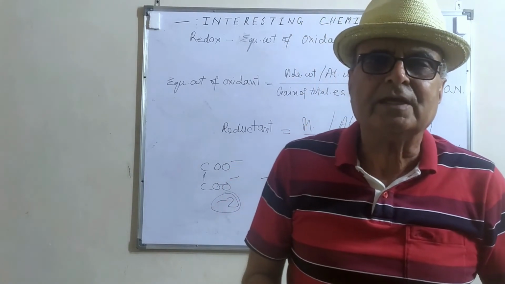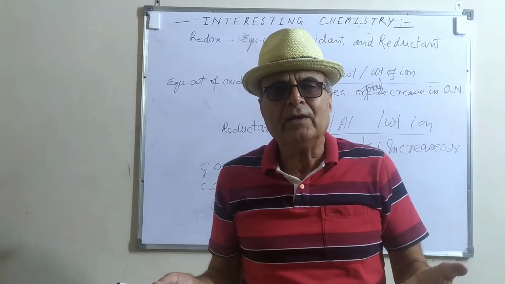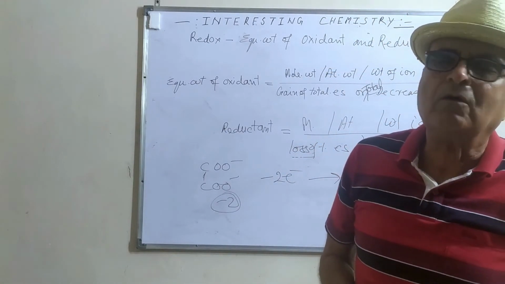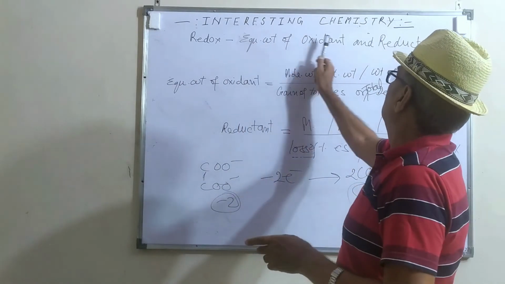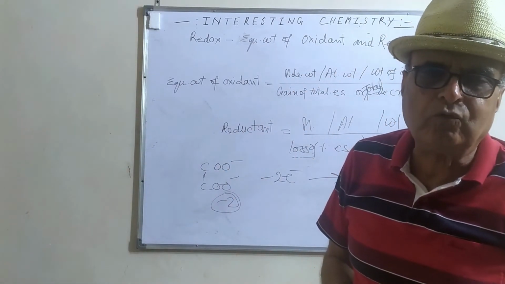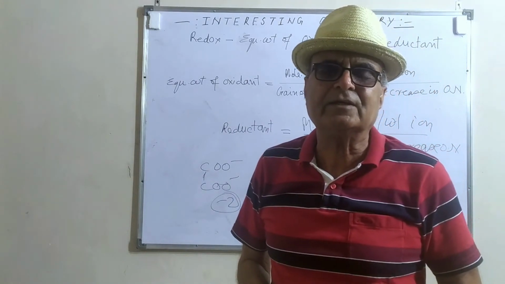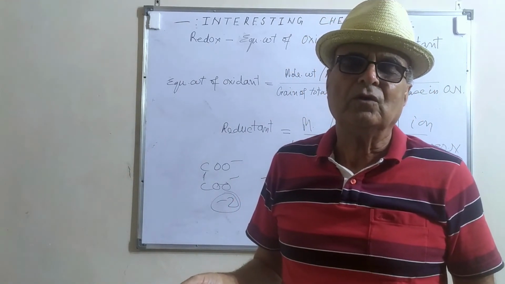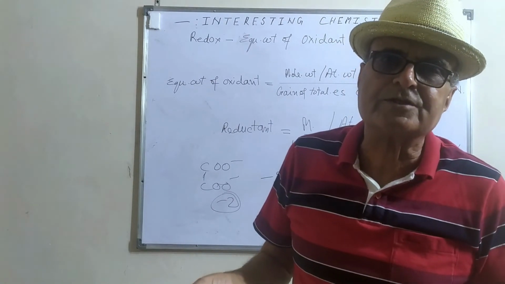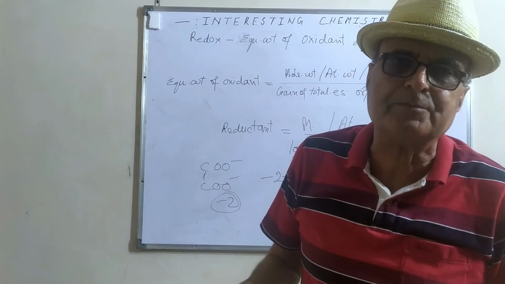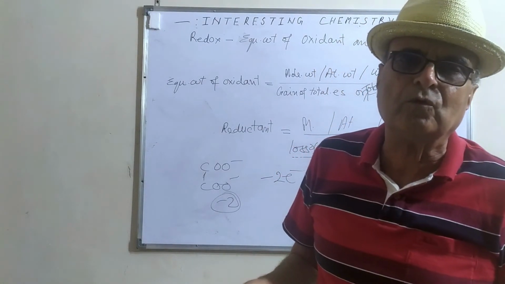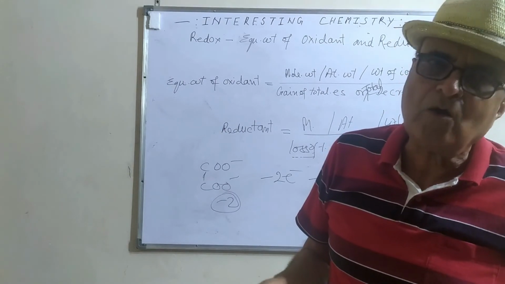So I think you have understood what I explained today, the equivalent weight of oxidant and reductant. That's all for today. I think this video is very useful to you if a question is asked in your examination, such as what is the equivalent weight of KMnO4 in basic medium, and how will you calculate it.